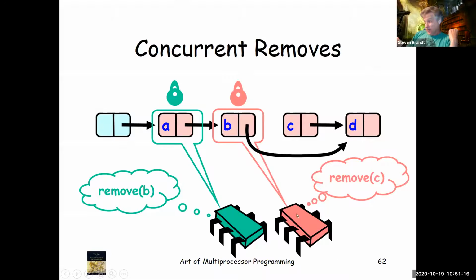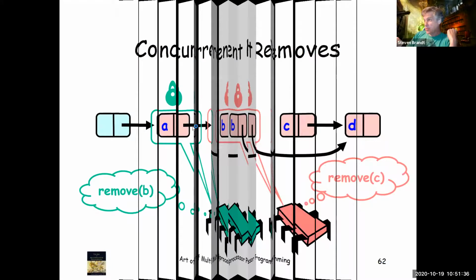But now the orange processor comes in and it's removing C, and it's already got the lock on B. So it looks at C's next pointer and says, oh, that's D. So now I'm going to update here and swing this to here. Now B has removed C by updating its next pointer. But now A was partway done.